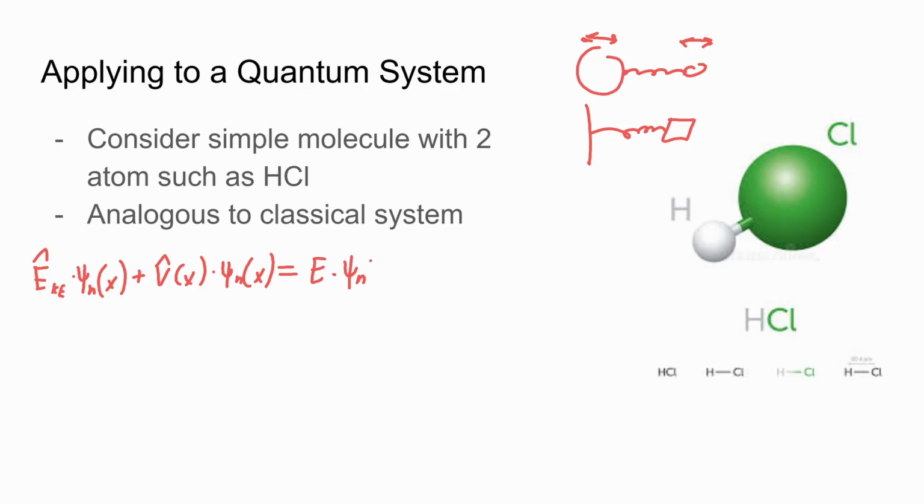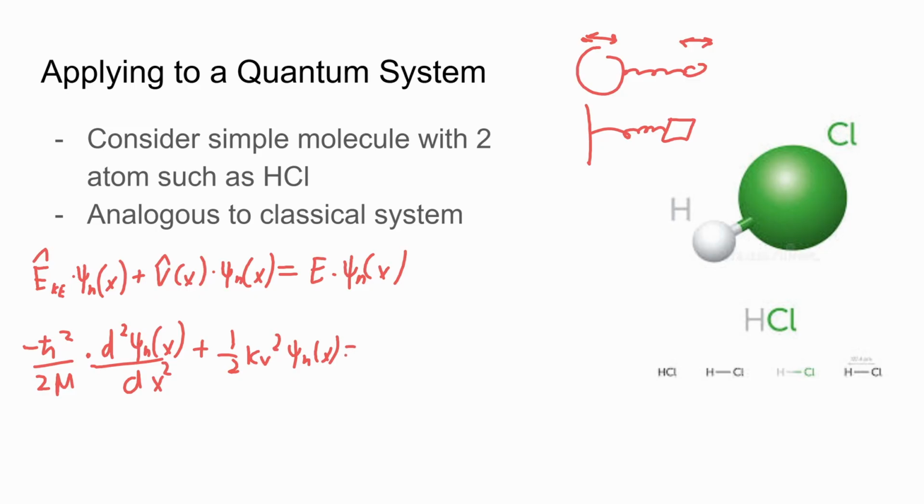And if we flesh this out a bit more using that total energy equation we wrote last slide, we will get negative h bar squared over 2 times the reduced mass times the second derivative of the wave function with respect to x plus 1/2 kx squared times the wave function equals the total energy times the wave function.